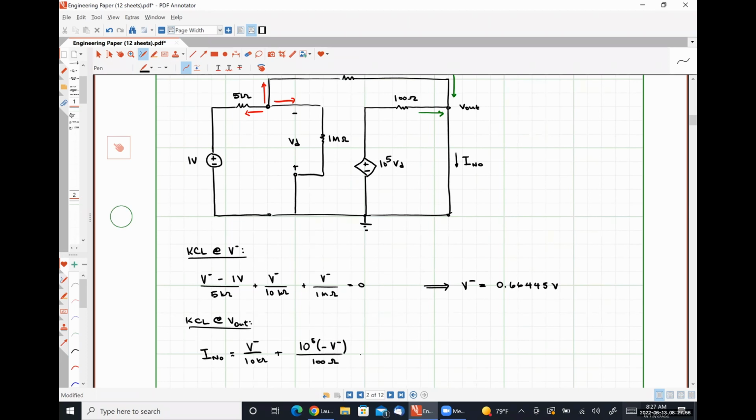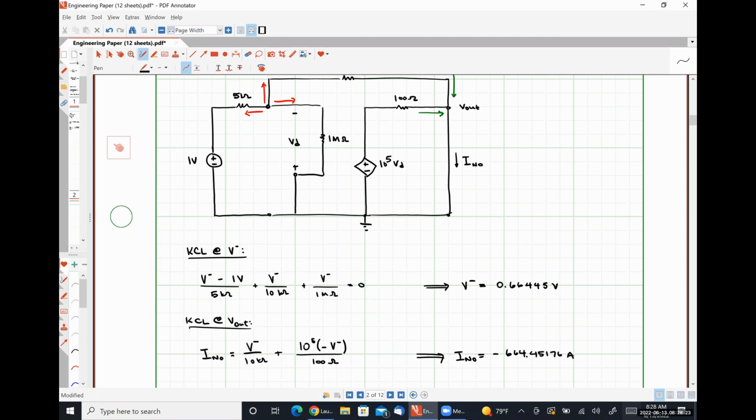And when I substitute in my numerical value for V minus, what I find is that I Norton comes out to be negative 664.45176 amps.